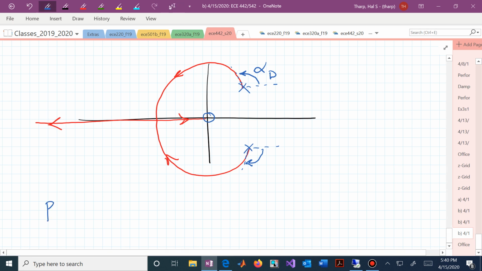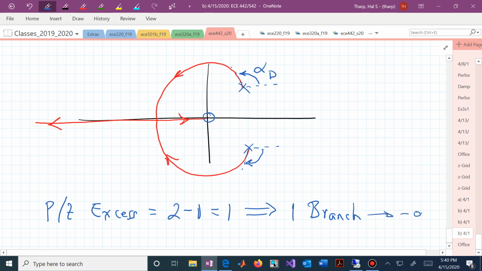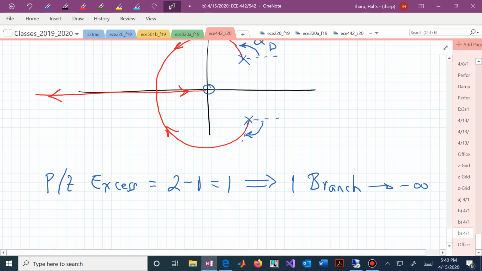Here we had a pole zero excess, just to sort of summarize what we've seen, of 2 minus 1 is equal to 1, so we actually only had 1 branch of our root locus going off to infinity, and it goes off to minus infinity. That branch needs to divide the z-plane equally, and to divide 360 degrees equally, that's 180 degrees. How many root locus branches did we have?